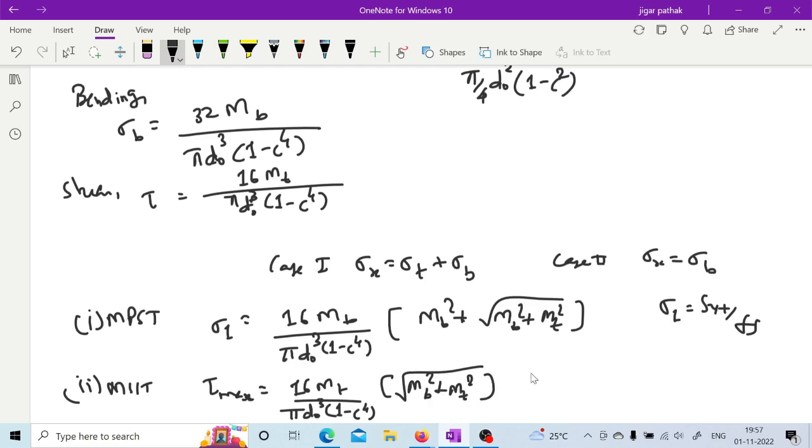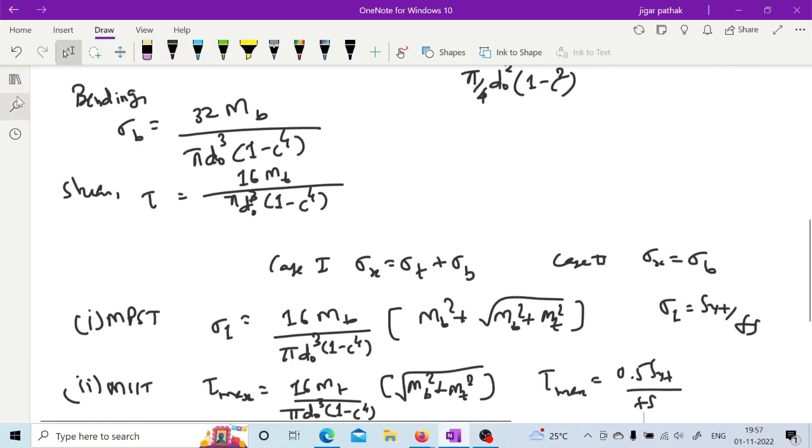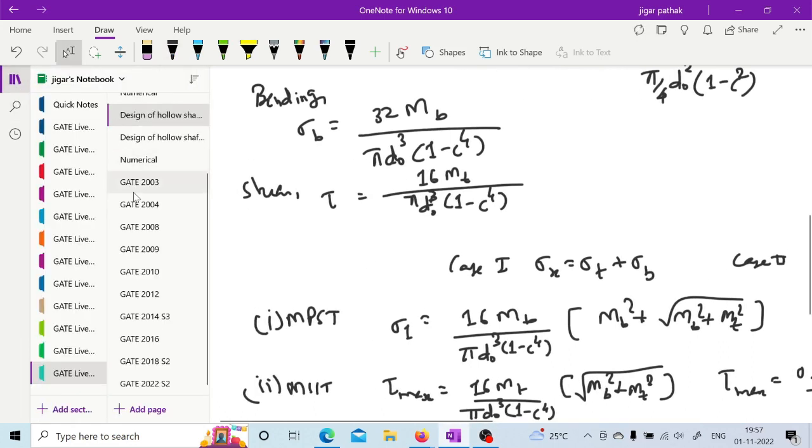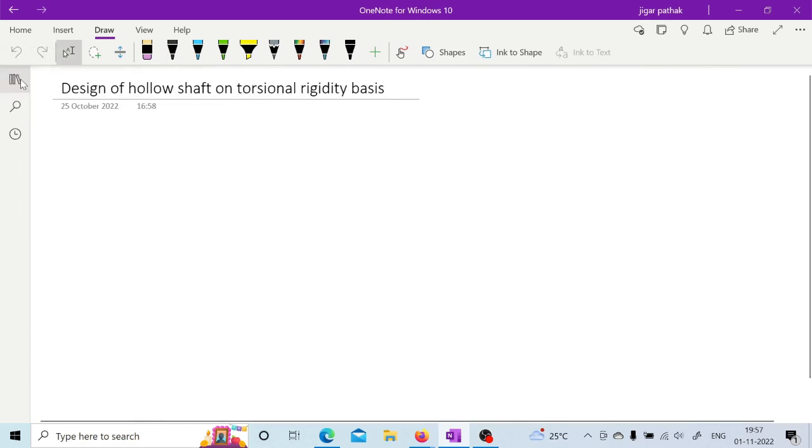And then tau will be 0.5 SYT upon factor of safety. So this is how you have the design of this hollow shaft based on strength. Now we will see the design based on rigidity.